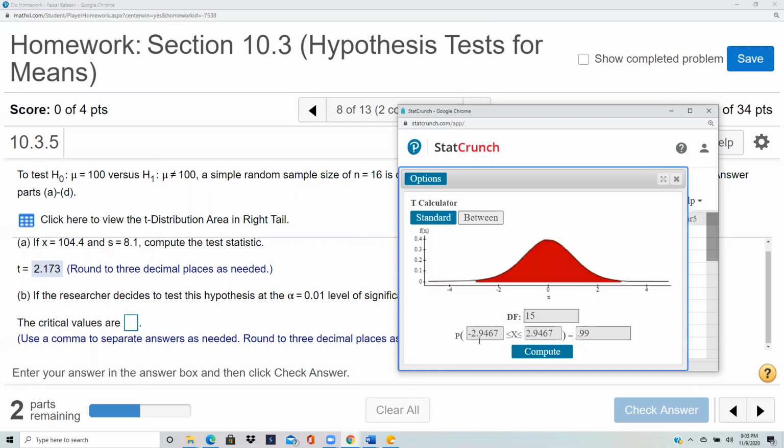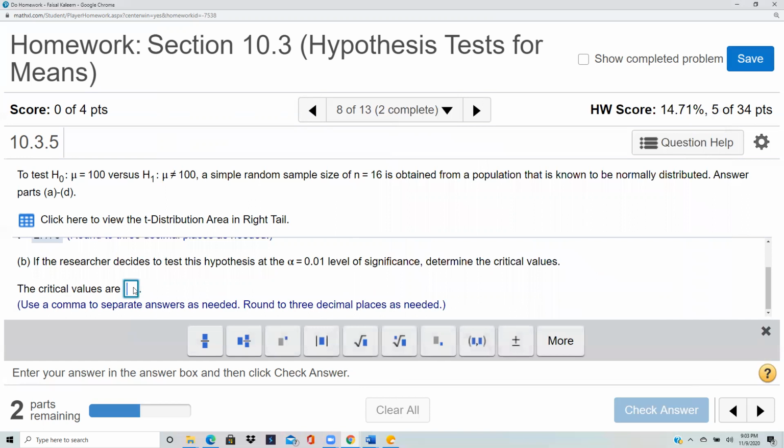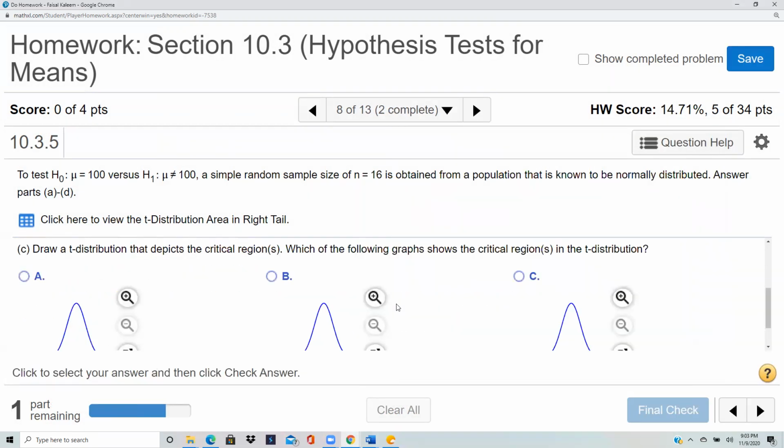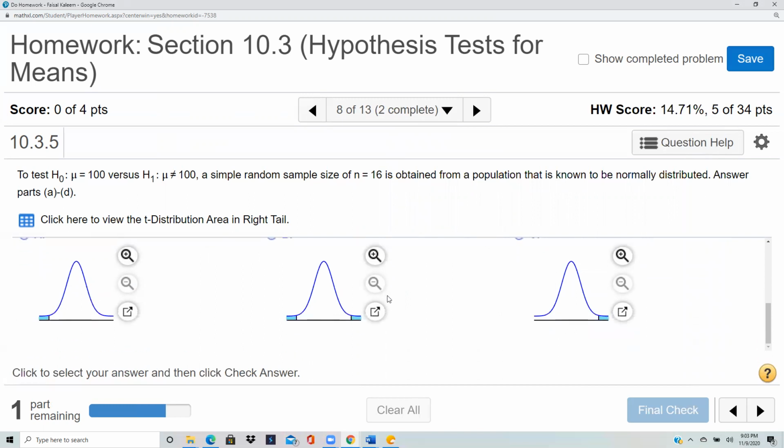So the critical values are negative 2.947 and 2.947. It was two-tail, and this is the one which has two tails.